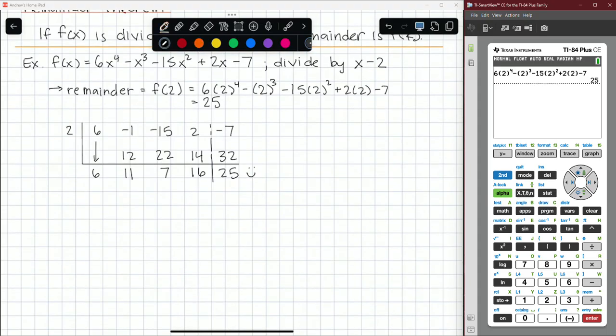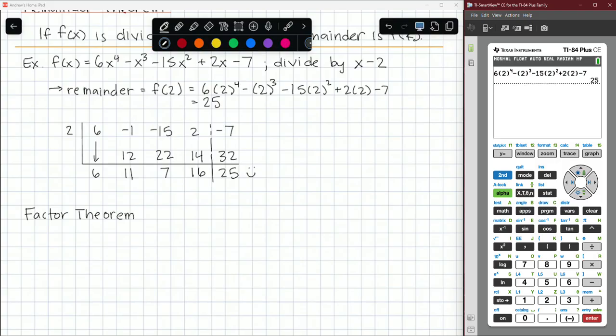The next thing we're going to talk about is called the factor theorem. And I think the factor theorem is a little bit of common sense when it comes to division.